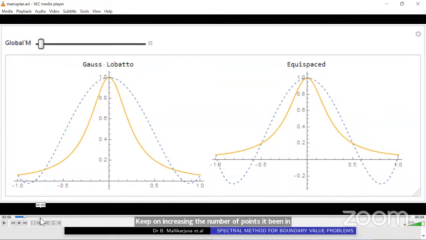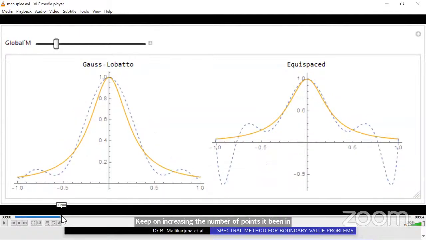You just see how the solid curve is the exact curve. The dashed curve is approximating with equispaced points, and the left one is with the Gauss-Lobato points.